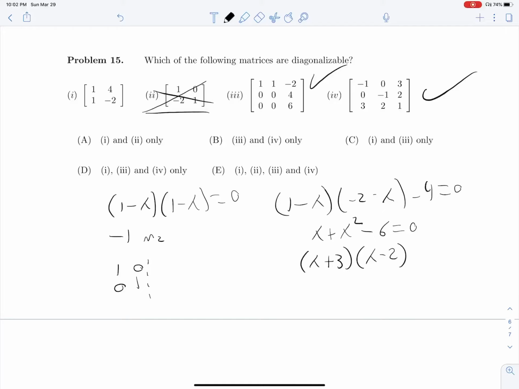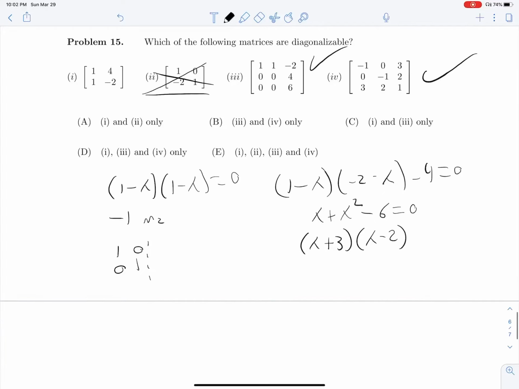We have two distinct eigenvalues. We can plug these in and see if we get two distinct eigenvectors. I have a feeling that we will. Sorry, I'm really losing it right now. Lambda is equal to -3 and 2.